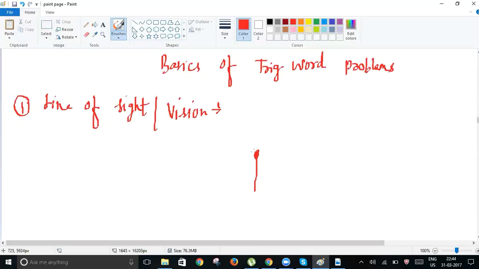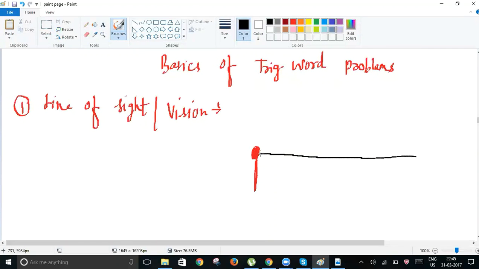Suppose you are standing here at this point. I'm representing one human being with this. Suppose someone is standing here. There are some conditions in our life when we are standing straight, not looking at anything specifically, just staring into zero.